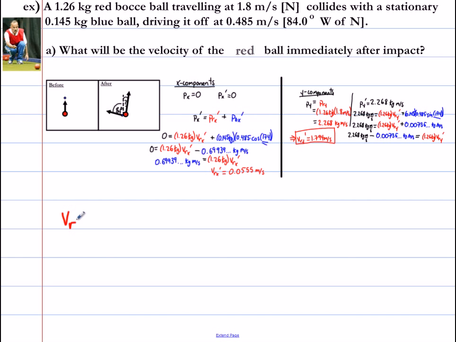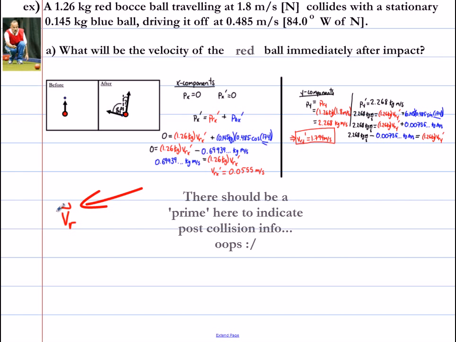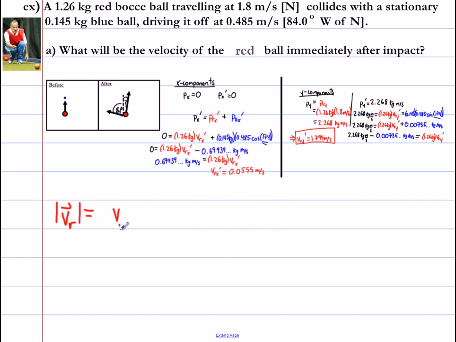Now that we have the x and y components of the red ball's velocity after the collision, we can find out the magnitude of the red ball's velocity after the collision. So we use Pythagoras' theorem. Take the x component of the red ball's velocity, square it, add the y component of the red ball's velocity, square that, and then square root it.